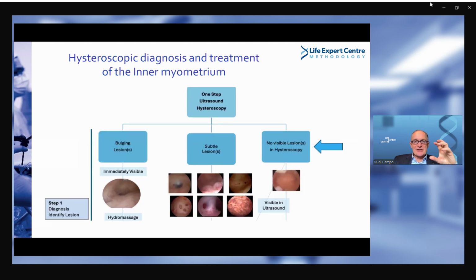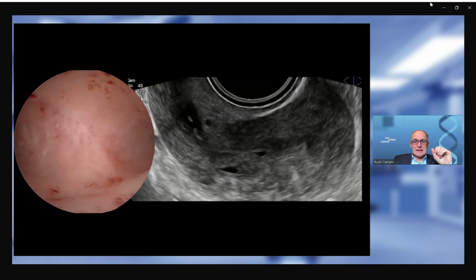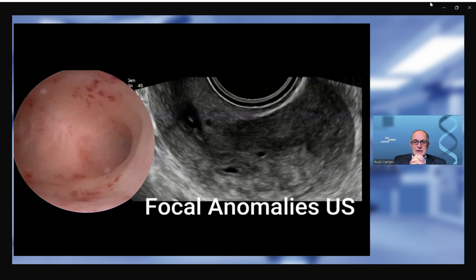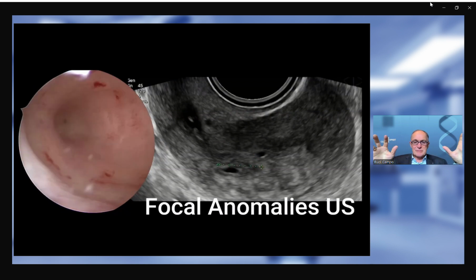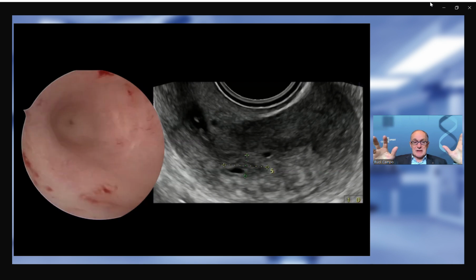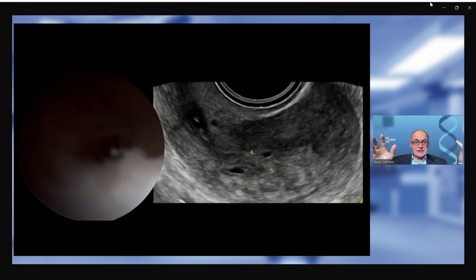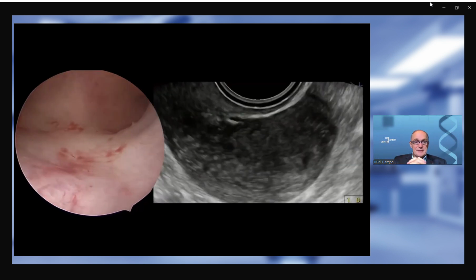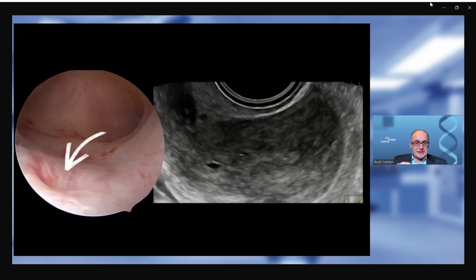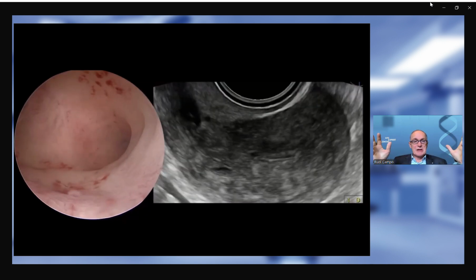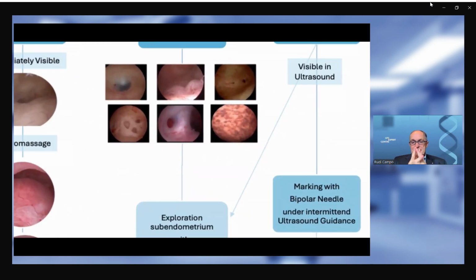So the hysteroscopic diagnosis and treatment of the inner myometrium is either you see the bulging, easy, or with hydromassage, the subtle lesions, then you need an ultrasound reference, supplementary, or you don't see anything. Let's go to this one. We see here in ultrasound a clear lesion, not a big one. We see in hysteroscopy actually, except for maybe a gland, but everybody would say normal hysteroscopy.